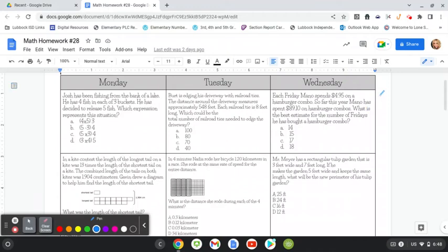If you give your numbers legs, $4.95 is between 4 and 5, right? And it's going to be closest to 5, right?